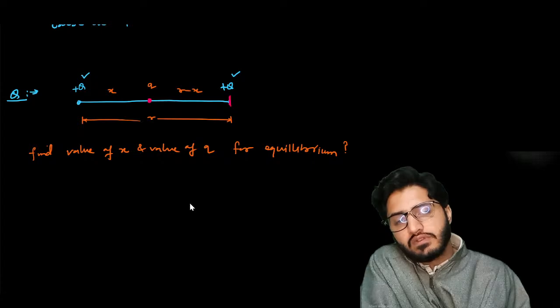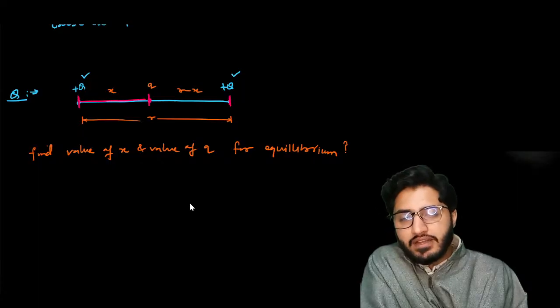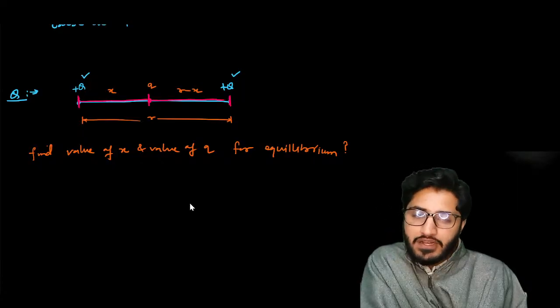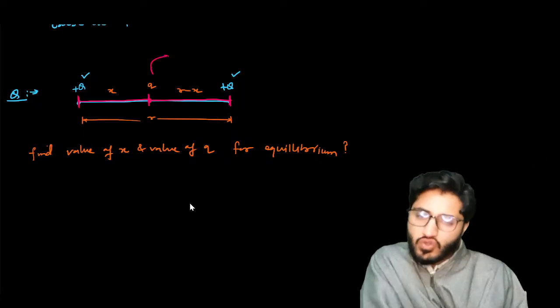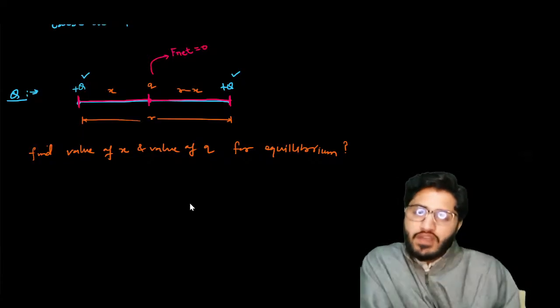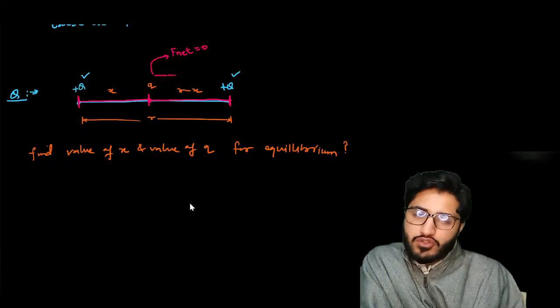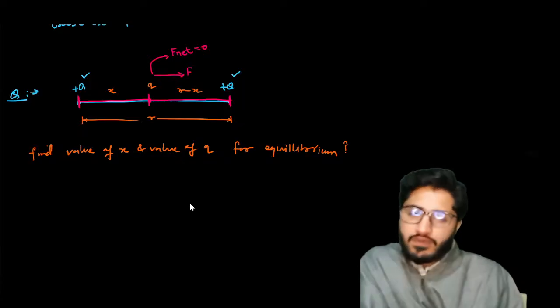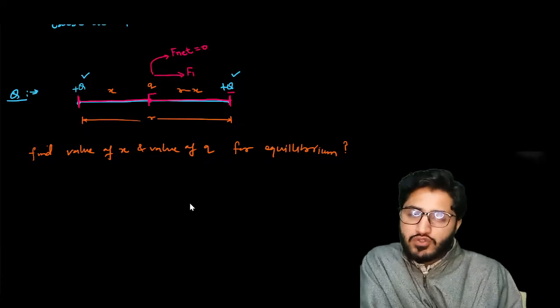If this distance I am taking as x, then this one would be r minus x. If we are assuming it as an equilibrium, then F net is 0 here. Positive charge, so it would be F1 here, and F2 would be in this direction.